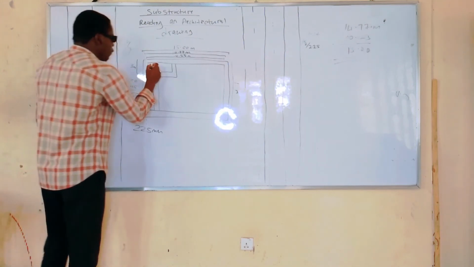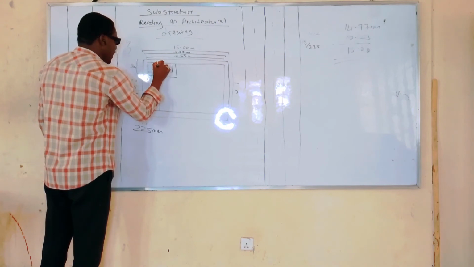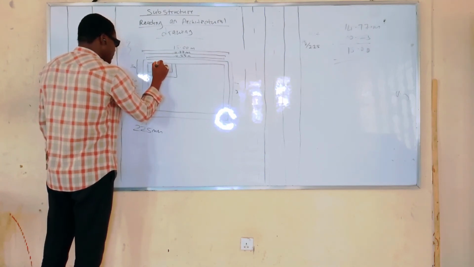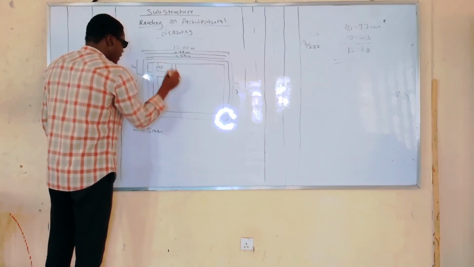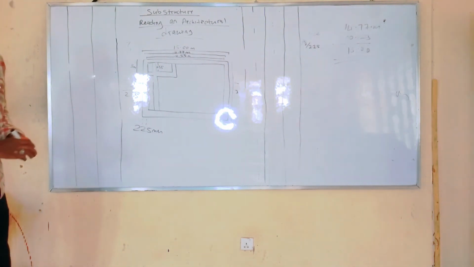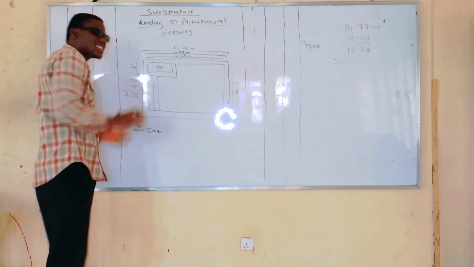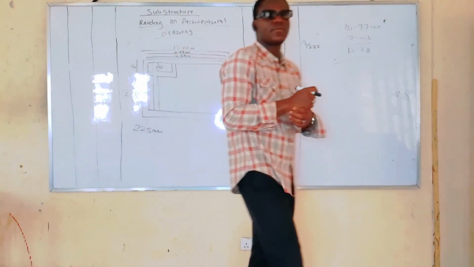Therefore, the length of this place from here to here is 2.55. Voila. That's how you extract dimension from an architectural plan.